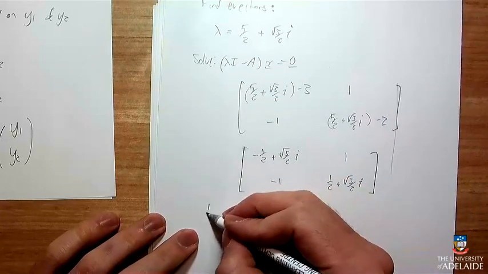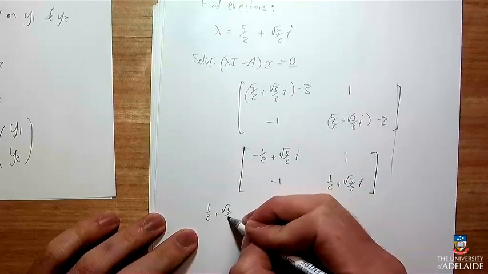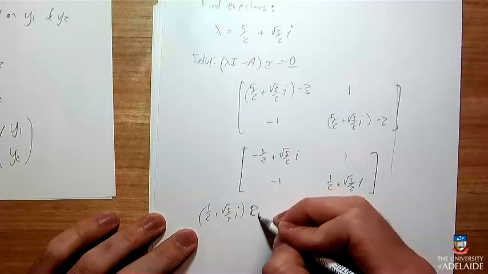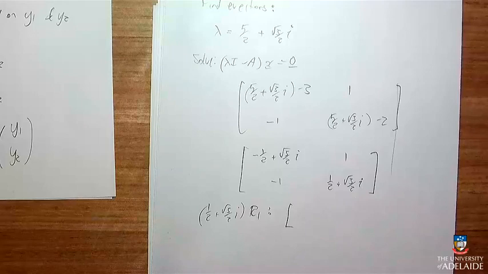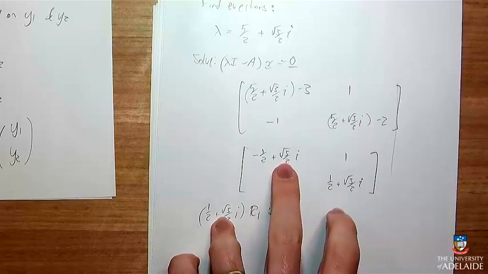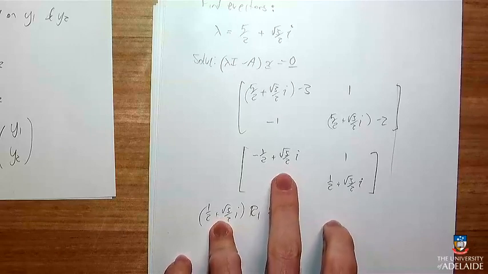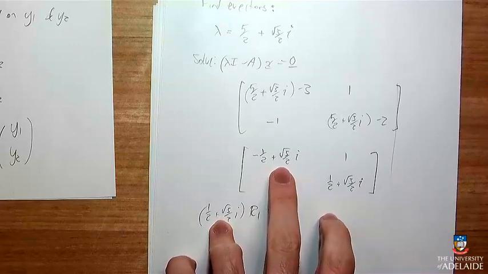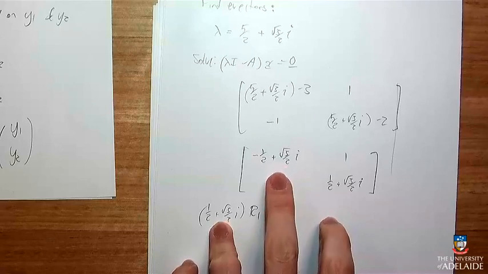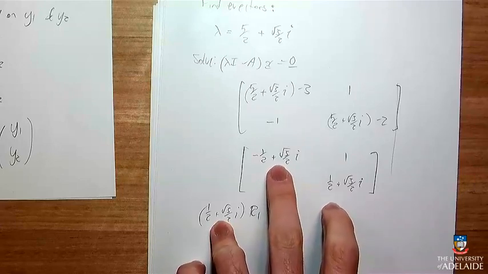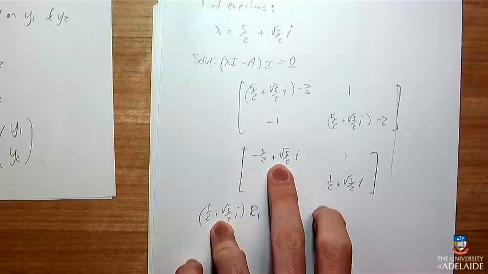I'm just going to do a half plus root 3 on 2 i times row 1. Okay, so I'm going to get a half plus root 3 on 2 times root 3 on 2 i. Oh, they're not quite conjugates. It's the real bit that's been switched. Oh well. And minus a half plus root 3 on 2 i, I'm going to have to multiply them out.